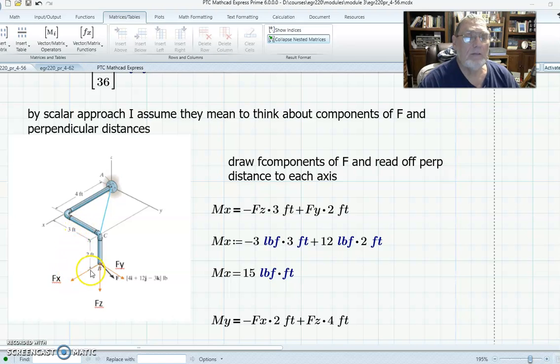Well, X is parallel, so it can't rotate about the x-axis, but the Y and Z can. So the Z part going down on that side, you'd have to grab the x-axis with your right hand. Your thumb is either plus or minus along there, and your fingers have to point down on the right.